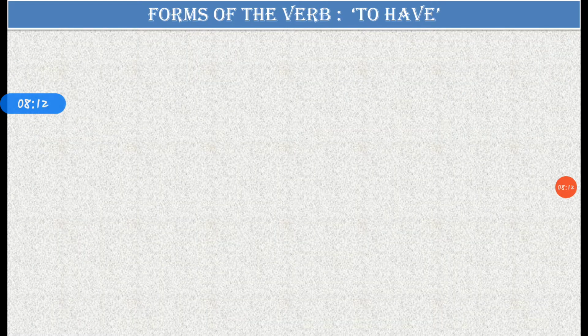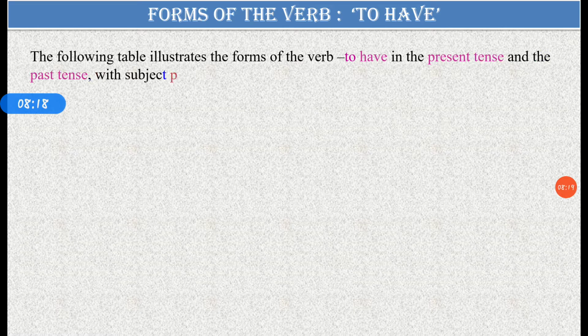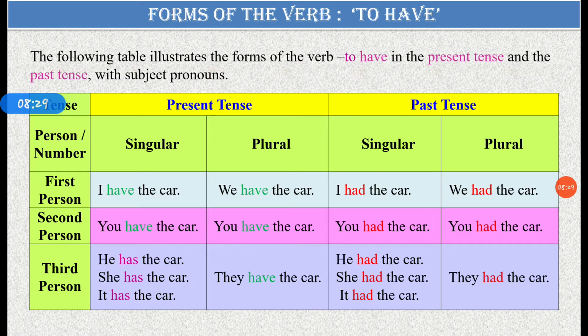Forms of the verb to have. The following table illustrates the forms of the verb to have in the present and the past tense with subject pronouns. Here are the tables.